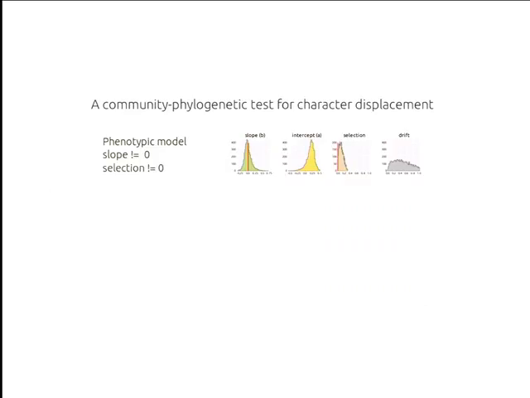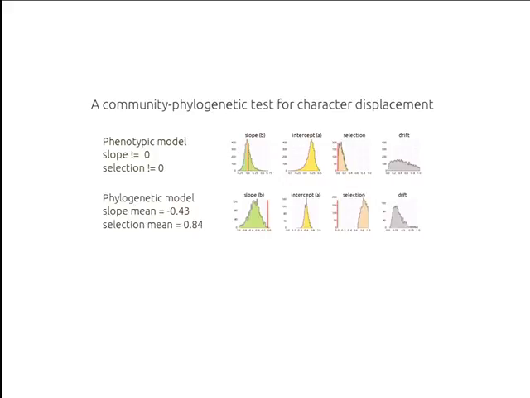What we find when we try to use a phenotypic covariate in our model, whether it's nearest neighbor distance or mean distance, is that the phenotypic models are a really poor fit. Alternatively, when we fit a phylogenetic model, in particular a nearest neighbor phylogenetic model, we find that it's actually a very good fit to the model.